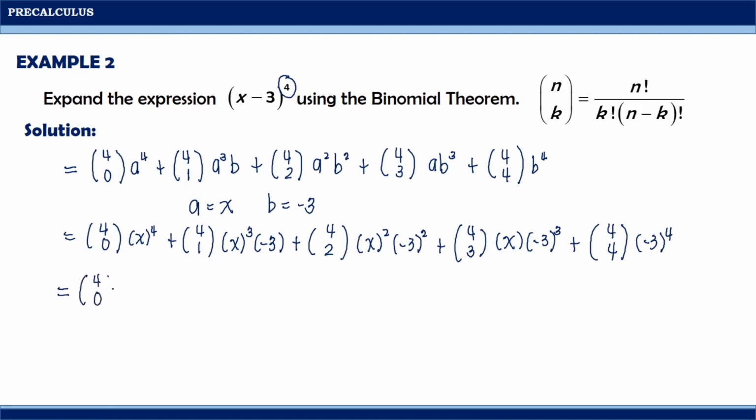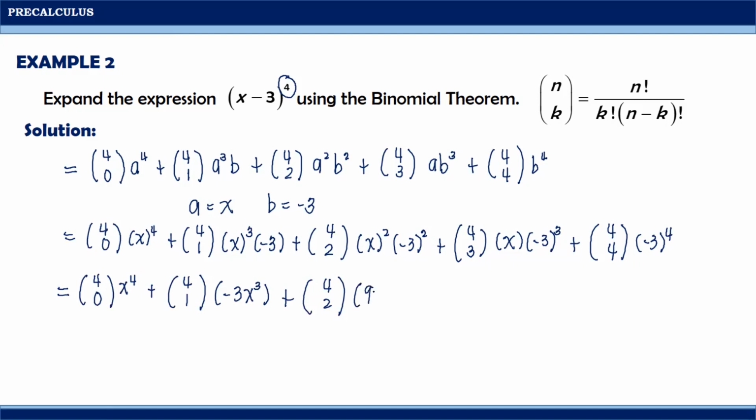Then we will have 4 taken 0 times x raised to 4 plus 4 taken 1 times x cubed times negative 3 is equal to negative 3x cubed plus 4 taken 2 times x squared times negative 3 squared is 9.